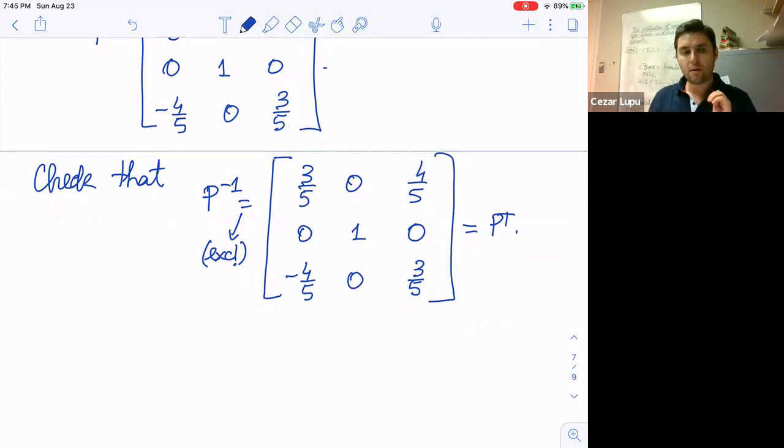Now I want to delve a little bit more into the properties of orthogonal matrices, and this will be described by the following theorem.